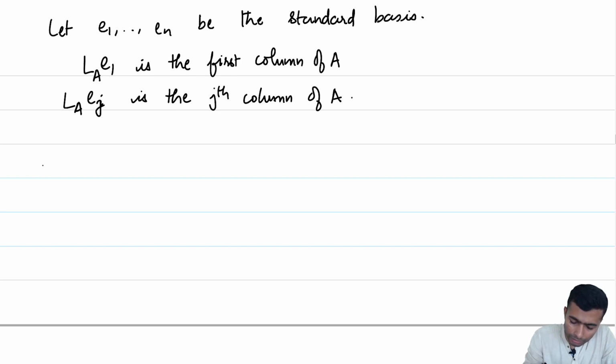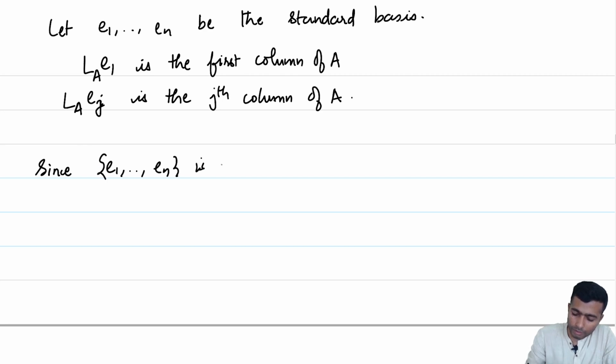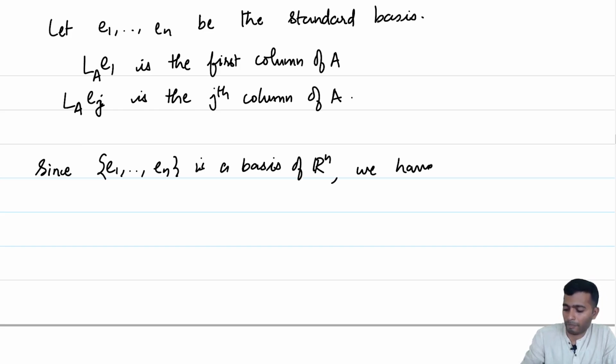So, since E1 to En is a basis of Rn, we have LAE1 to LAEn.